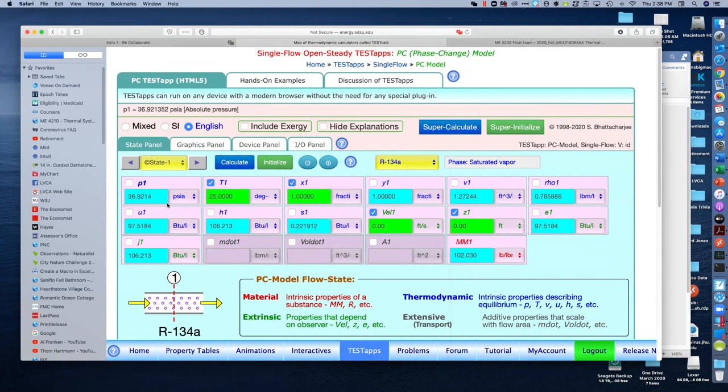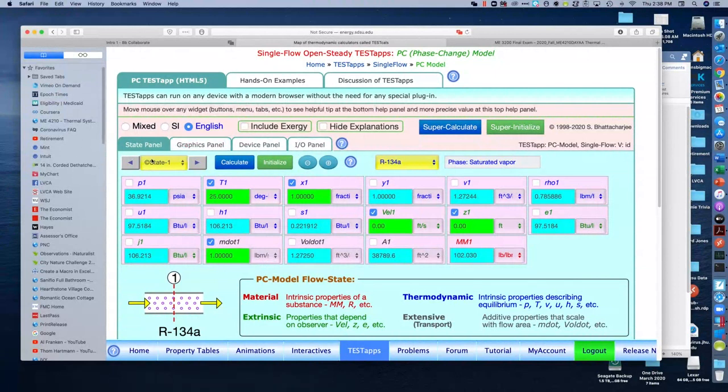Okay, so we have the incoming condition. There wasn't any mass flow specified for this particular problem, and so we're going to just put in 1 pound per second, just as a reference point.